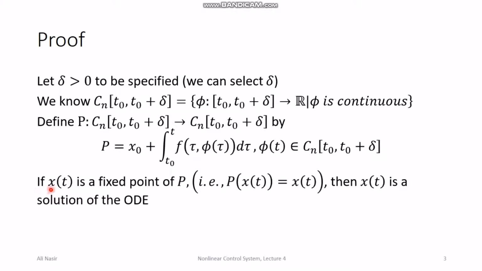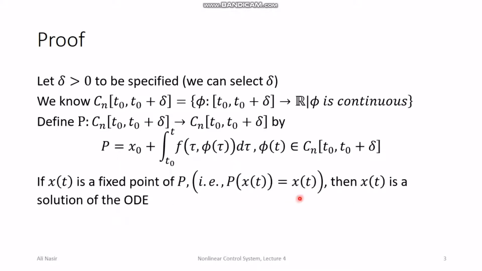If x of t is a fixed point of P, so now we are talking about contractions. We have defined a function, and if this function is some sort of a contraction, we have already discussed the definition of a contraction. So if x of t is a fixed point of P, i.e., P of x of t is equal to x of t, then x of t is the solution of the ordinary differential equation.